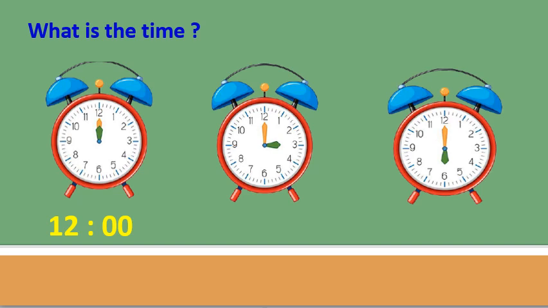In digital form, it means 3, 0, 0. 3 for hours, 0, 0 for minutes. The last clock here, the short hand points to 6 and the long hand points to 12. So in digital form it means 6, 0, 0. 6 for hours and 0, 0 for minutes.